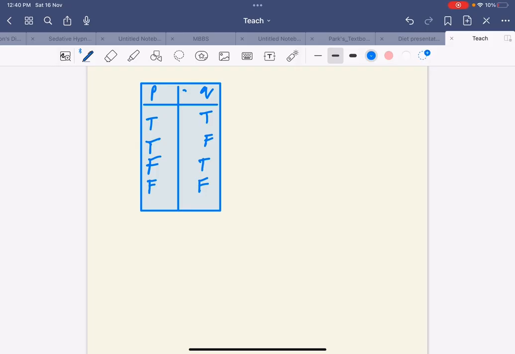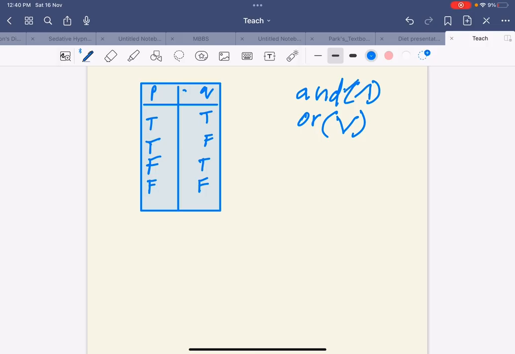Now how to do the conjunction and disjunction, which we just now talked about. Well, conjunction means and, disjunction means or, and is denoted by this, and or is denoted by this.